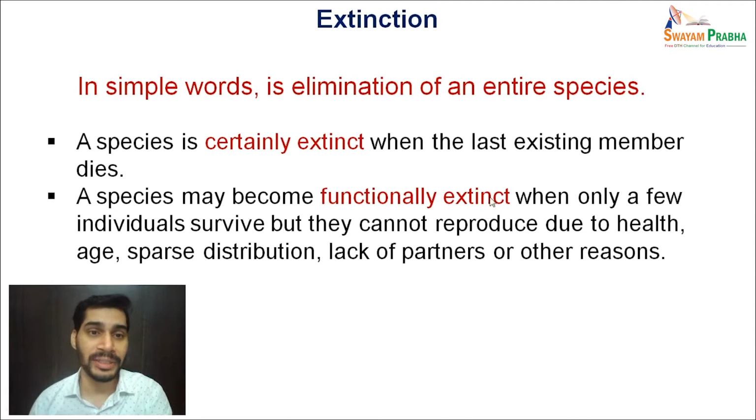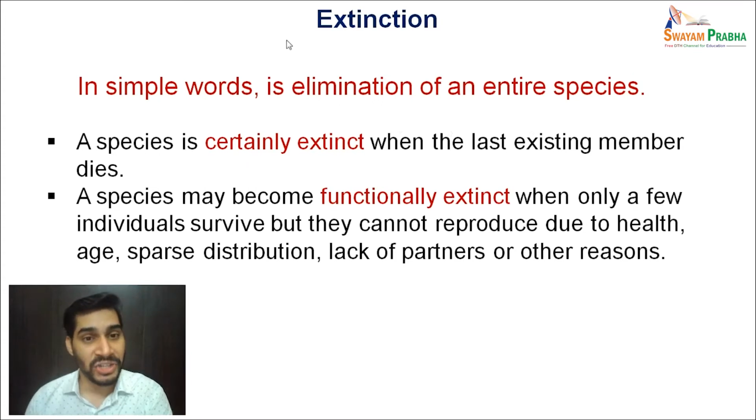In simple words, extinction is the elimination of an entire species. Remember, we are talking about elimination of an entire species throughout the Earth. So, indirectly it means that there is no representative or any member of that species alive on Earth.